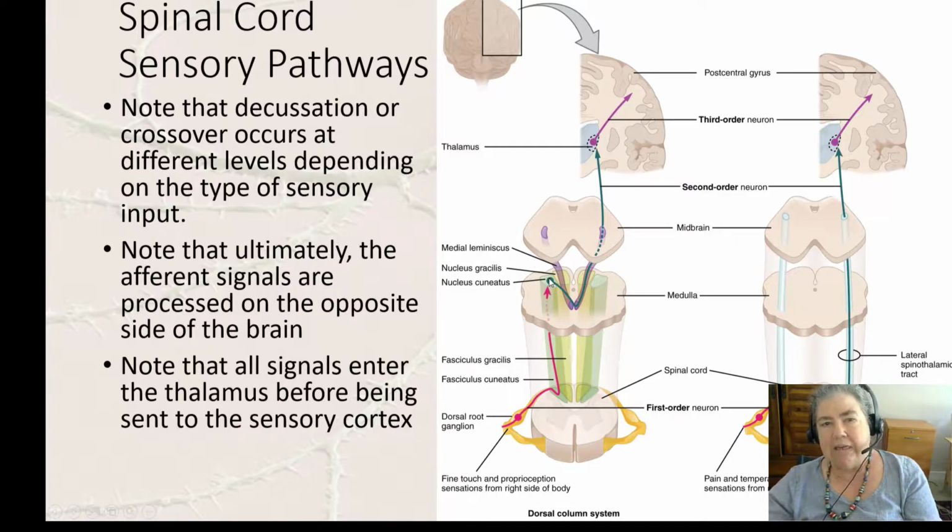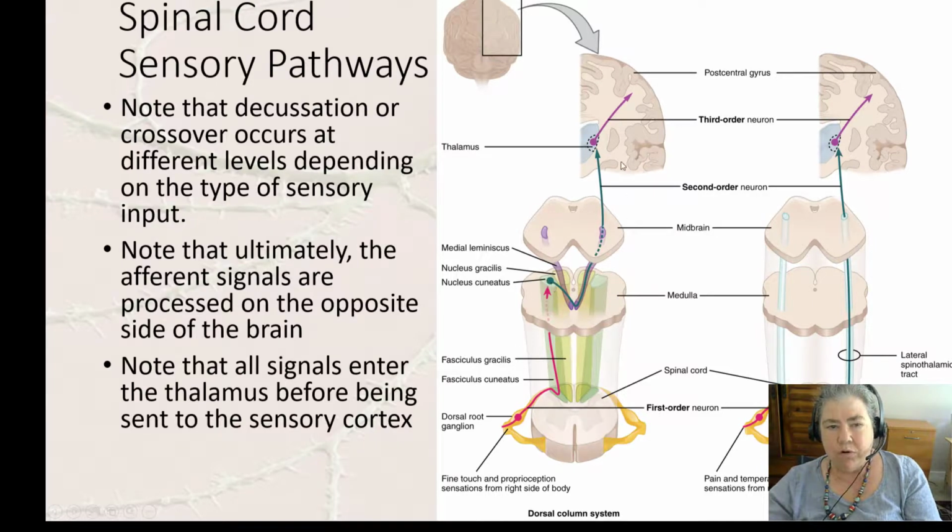crosses to the other side, which is also called decussate, and then ascends to the thalamus where it's processed, synapses again, sending the information to the postcentral gyrus, the primary somatosensory cortex. Okay, so this is the first order neuron, this is the second order neuron, and the neuron in the thalamus is the third order neuron.